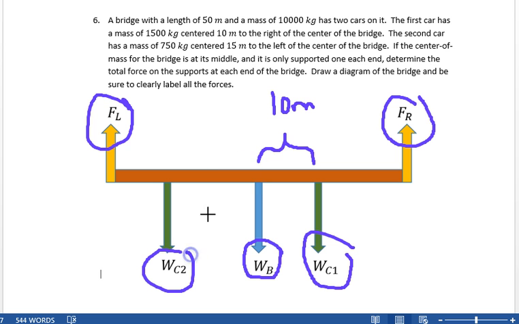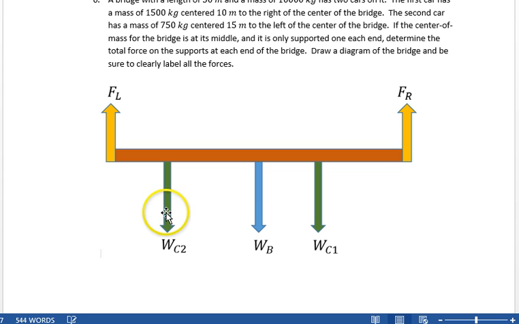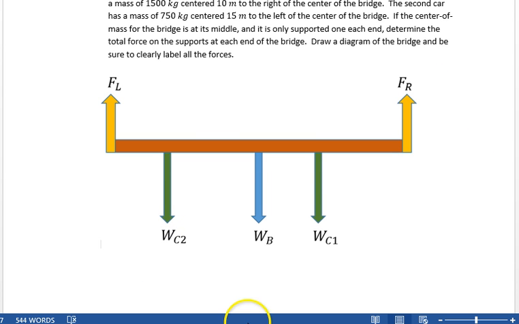And this is the weight of car 2, and it is 15 meters away from the middle. Is that clear to everybody? This is my diagram of the bridge, and I may go back in and add the 15 meters and the 10 meters. We'll have to see.